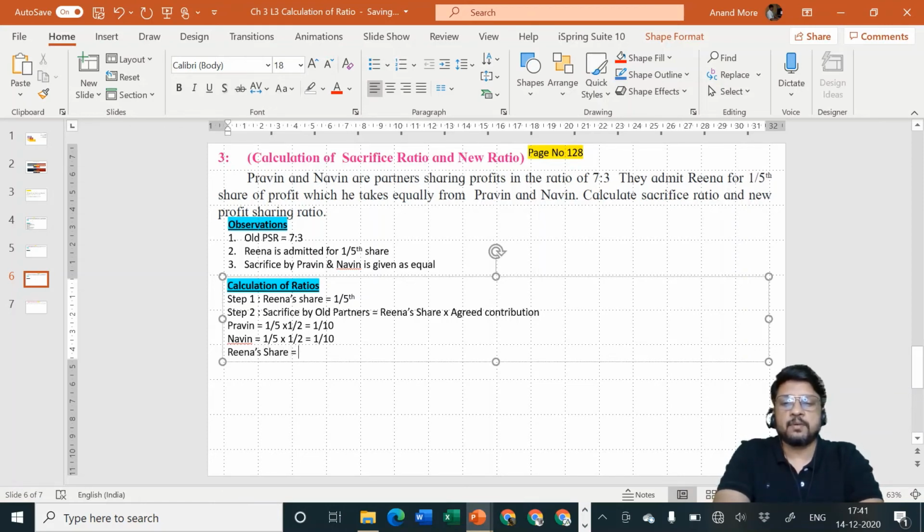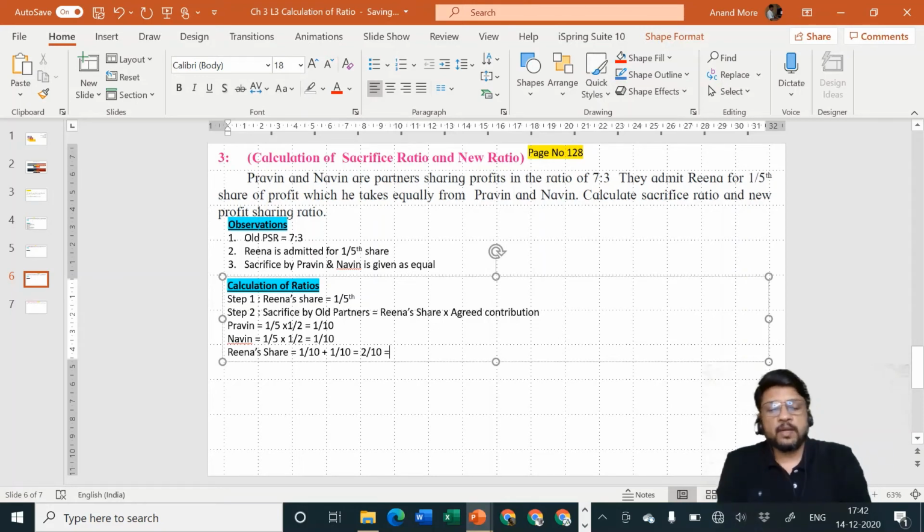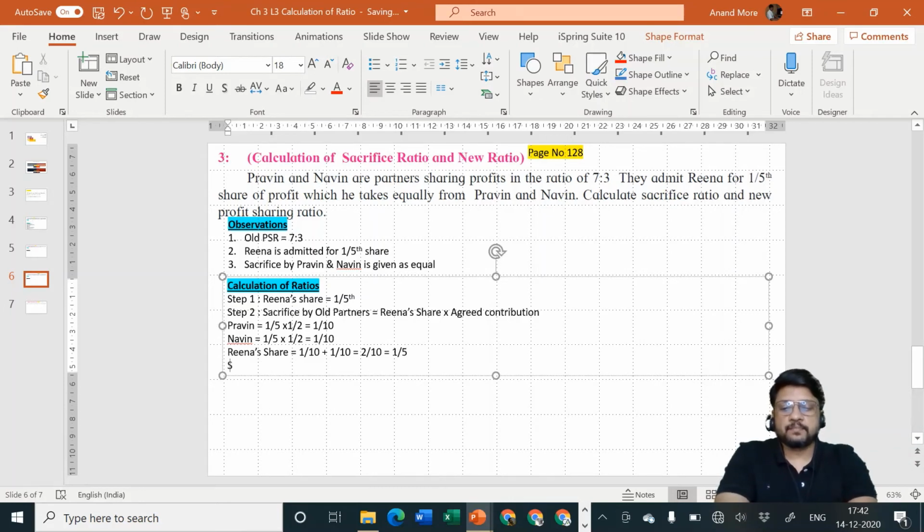Reena's share is equal to 1/10 plus 1/10 is equal to 2/10. Am I correct? 1/10 from Praveen and 1/10 from Naveen. So total it will be 2/10, and 2/10 is equal to 1/5. So we have given the promise and we have fulfilled the promise. Okay, next is step number 3.